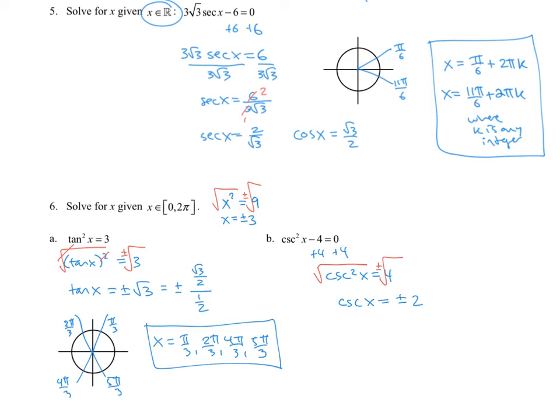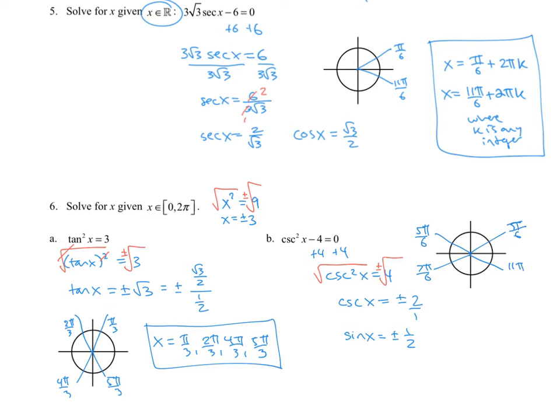Now remember that cosecant is the reciprocal of sine. So if this is 2 over 1 and I flip it, I could find where sine x is equal to plus or minus 1/2. Sine x is equal to 1/2 at pi over 6, 5 pi over 6, 7 pi over 6, and 11 pi over 6.